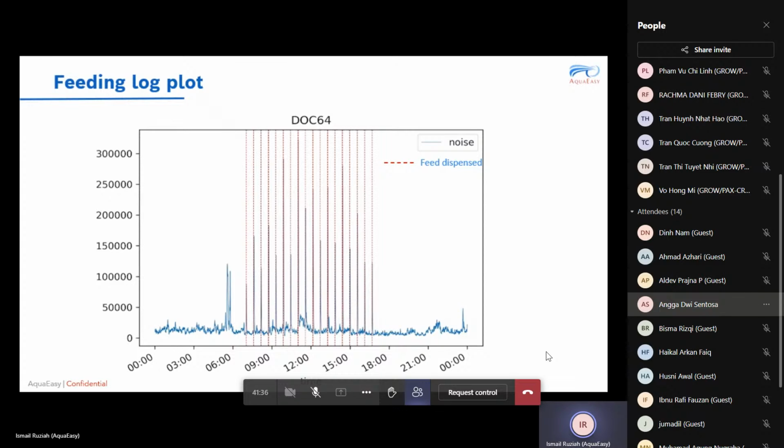It means we don't know why, maybe they are full already, or they don't have appetite. Then the next time we will cancel the scheduled feeding, we skip. So no food will be dispensed. During this period, we dispense one scheduled feed, then skip one time. This is how iFeeder controls the feeding by using skip feeding. These are the two features, boost feeding and skip feeding.